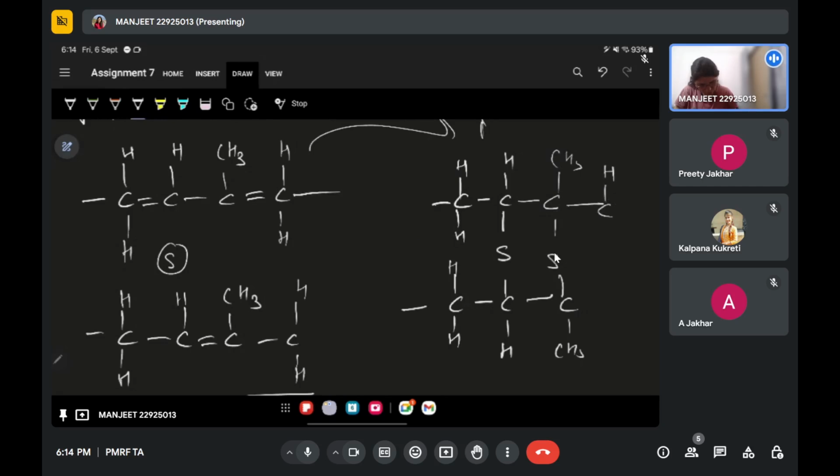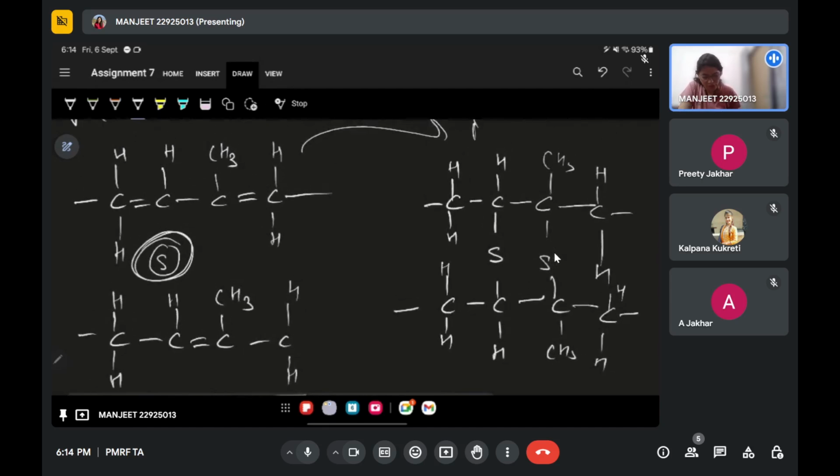There is one H already there. So this sulfur atom, which did not exist earlier in your isoprene molecule, is now attached to the chain of molecules, and the double bond is converted into a single bond. This has reduced the flexibility.